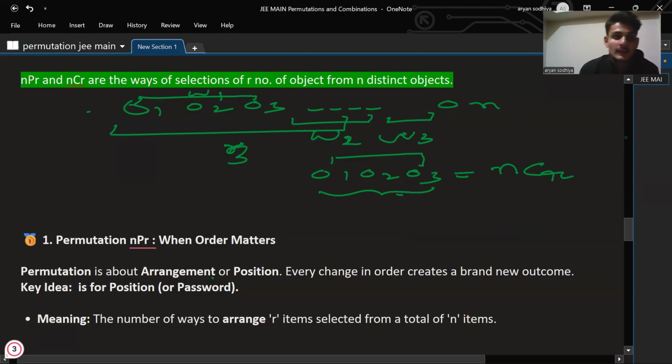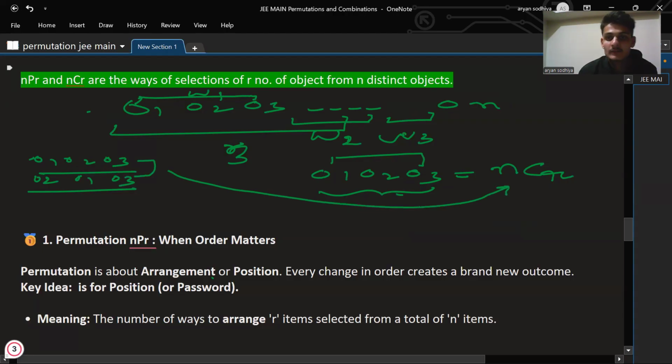Grouping means O1, O2, O3 and O2, O1, O3: I have selected these three and these three, and both are considered the same in nCr. In grouping, O1, O2, O3, O3, O2, O1, and O1, O3, O2 are the same. They are not different.